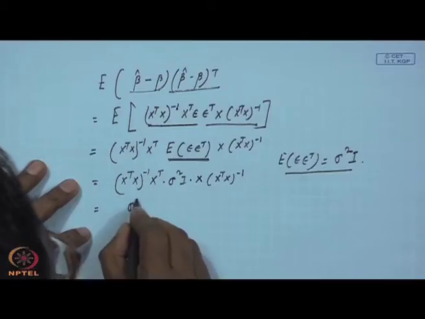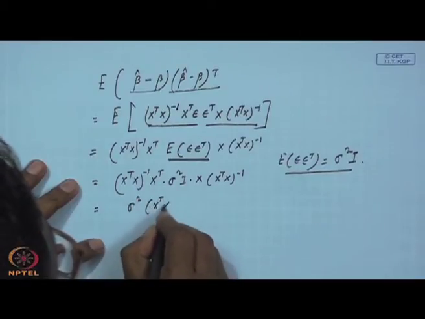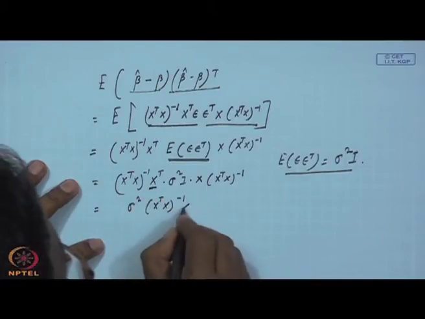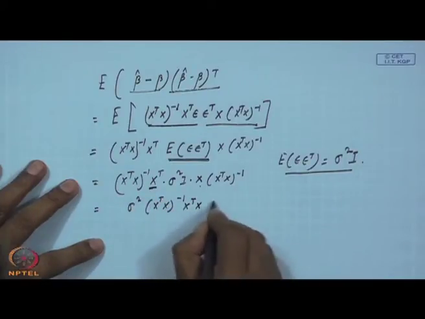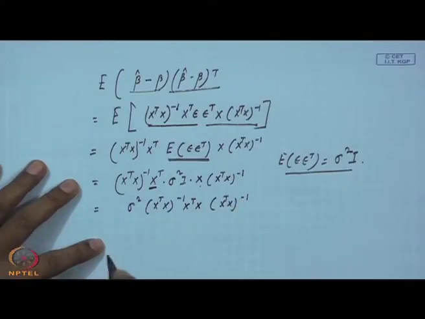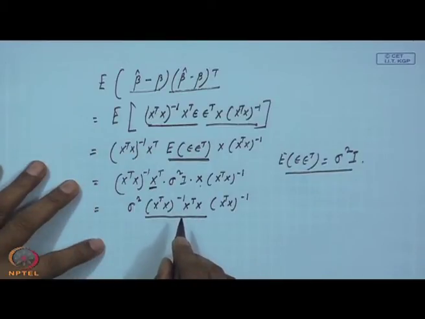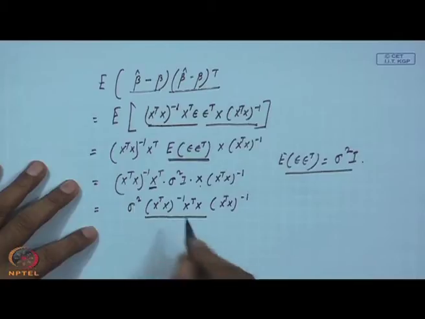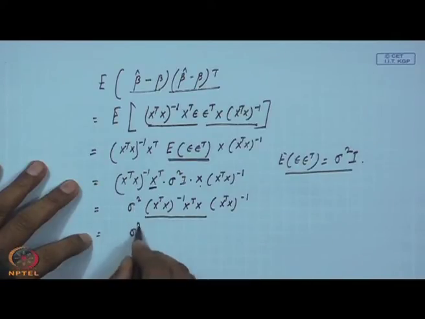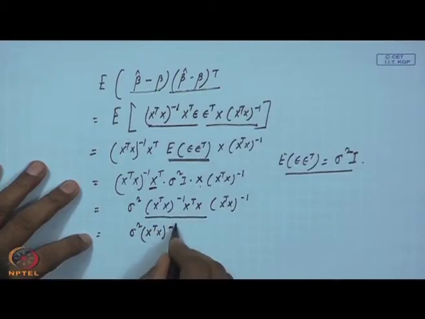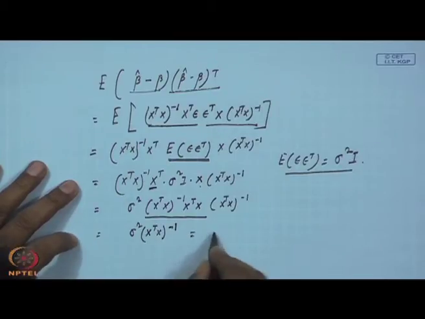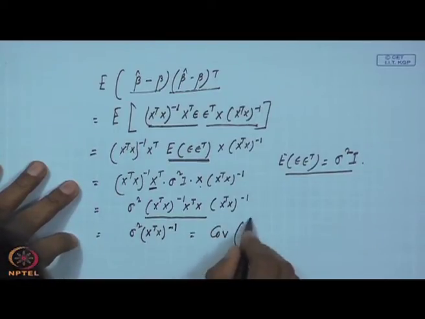Finally it will be sigma square (x transpose x) inverse x transpose x (x transpose x) inverse. Now what is this quantity? (x transpose x) inverse x transpose x is again I. So sigma square I is sigma square, and this will become sigma square (x transpose x) inverse. This is the covariance of beta cap.